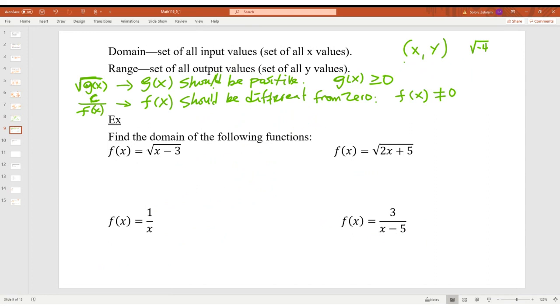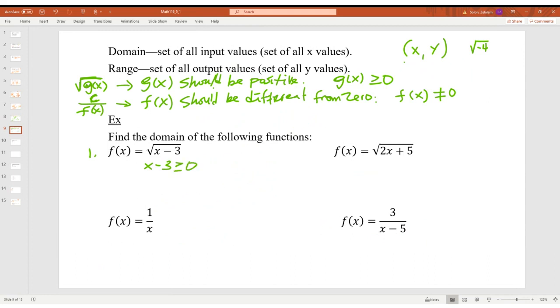It's simple. All you have to do is first locate the function. What is the function? If it is a square root, the expression inside should be greater than or equal to 0. So if you see example 1 here, I see a radical. So the expression inside, which is x minus 3, should be greater than or equal to 0.